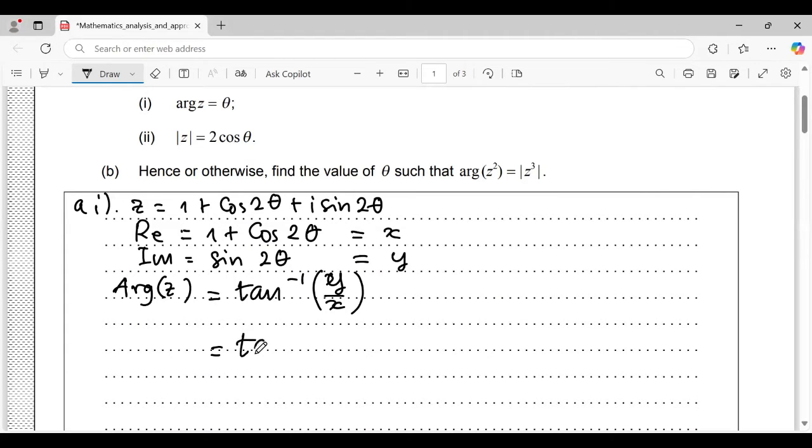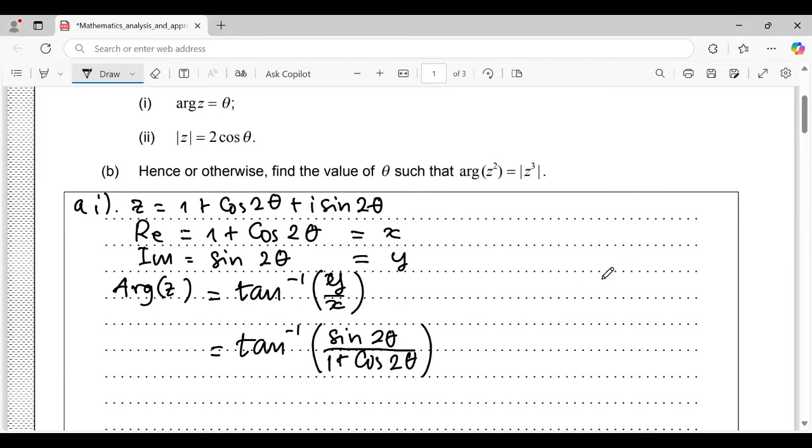So it becomes tangent power minus 1 of sine 2 theta over 1 plus cosine 2 theta.